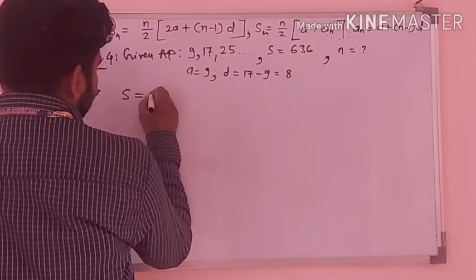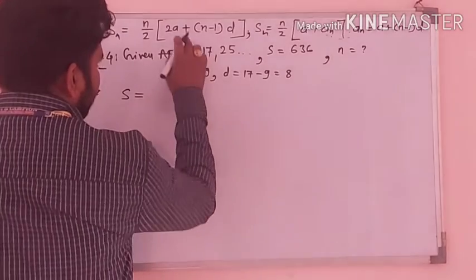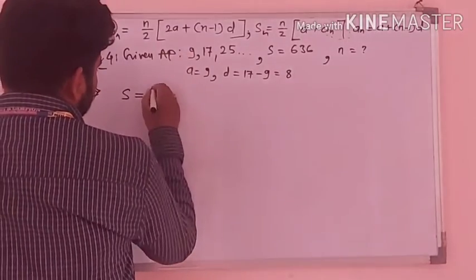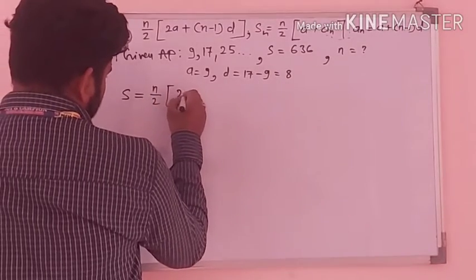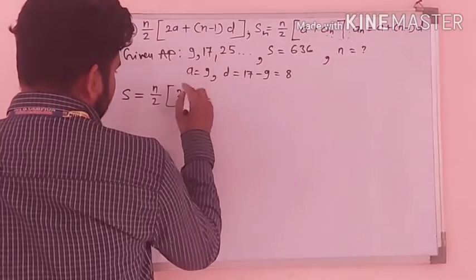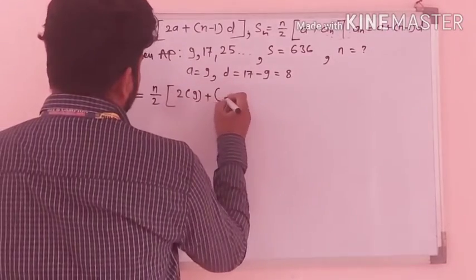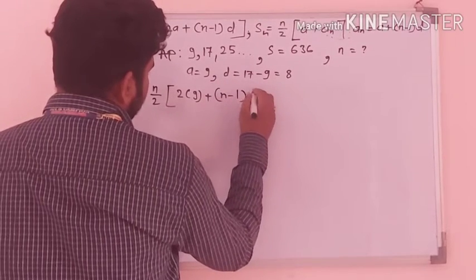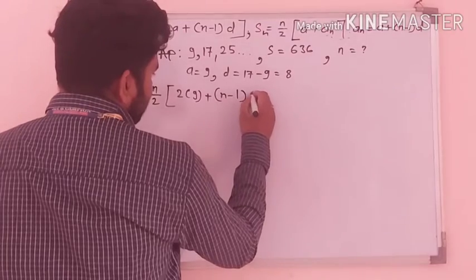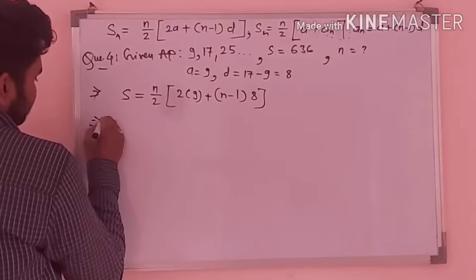S is equals to, l is not given, that means we can use this formula, n by 2, 2a, value of a is 9. Okay, plus n minus 1 into d, n is unknown, we can find out n, and d is equals to 8. So directly we find out the value.